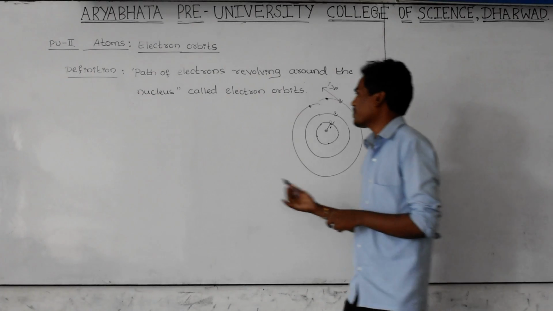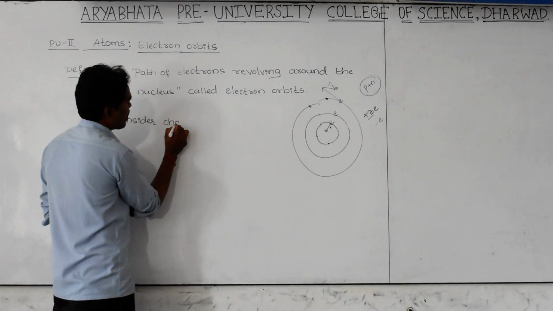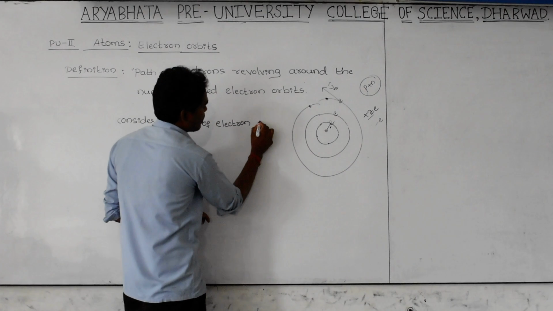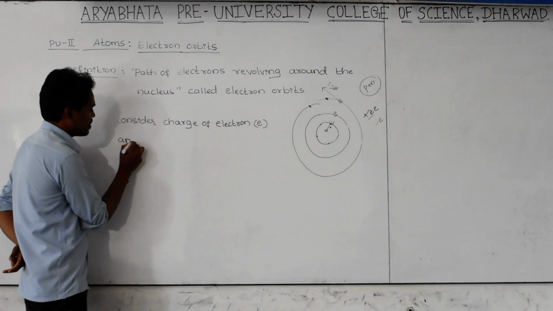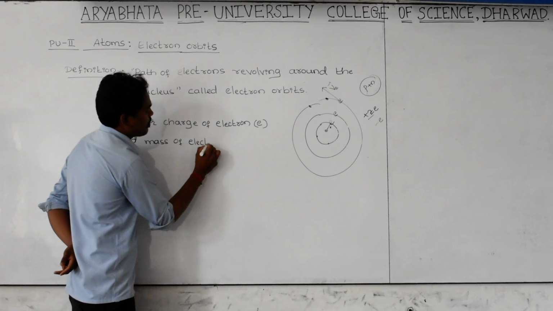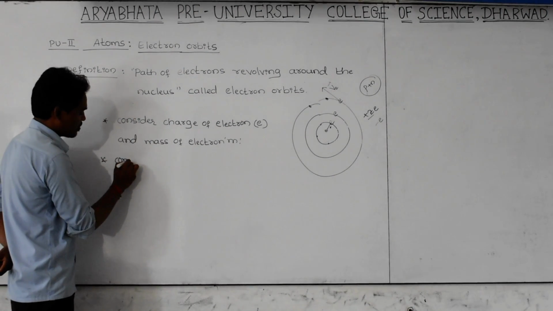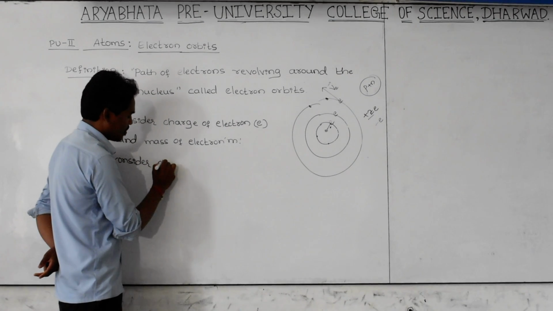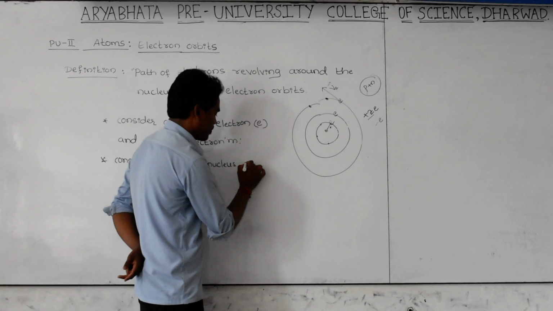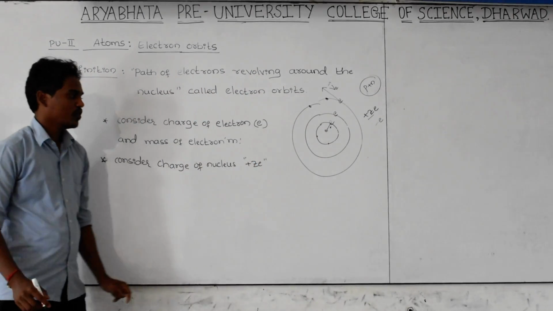That's why the electron is not leaving its orbit. Now here I am calculating. Consider the charge of the electron as E, and the mass of the electron as M. Next, consider the charge of the nucleus, that is plus Z E. Z indicates the number of positive charges at the center, and E is the charge of one proton.